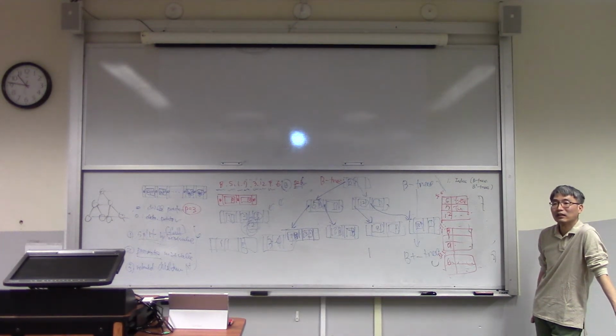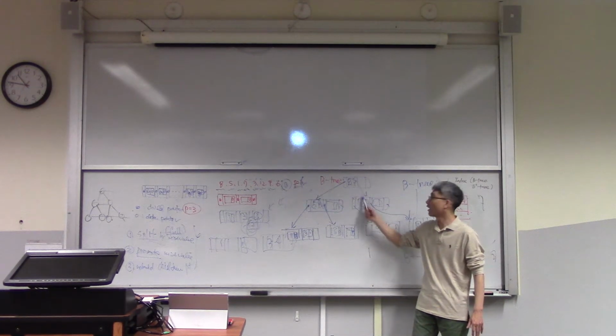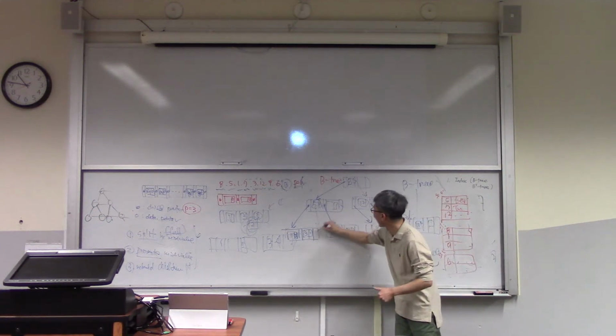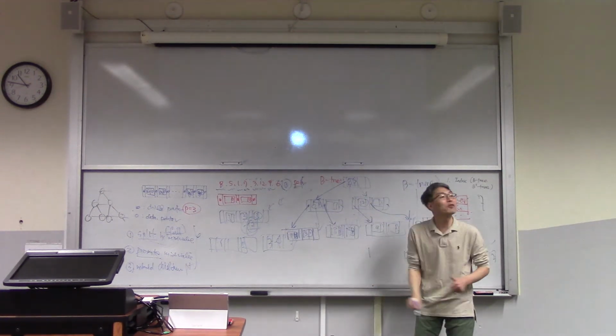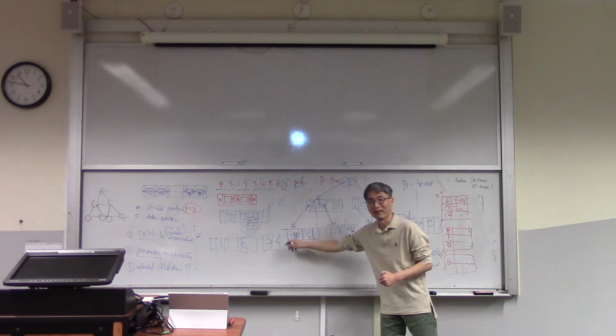Any idea? Because of this one, right? They are in the middle. If we can move down to the leaf node, terminal node, it will be fully balanced.